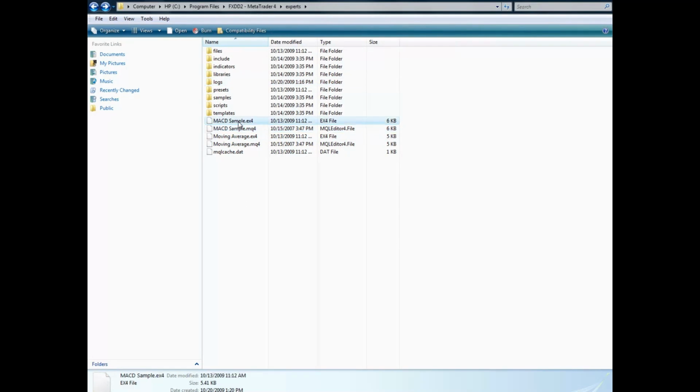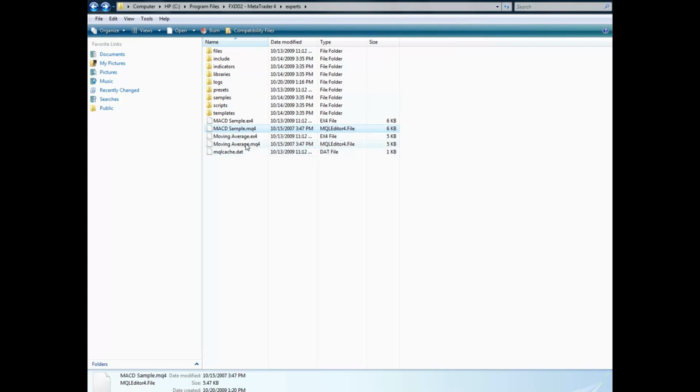Now there are two different types of files here. You'll see an EX4, which is the executable file, as well as the MQ4. The MQ4 is an editable file that you can open up in your editor, MetaTrader editor, and make changes to it.